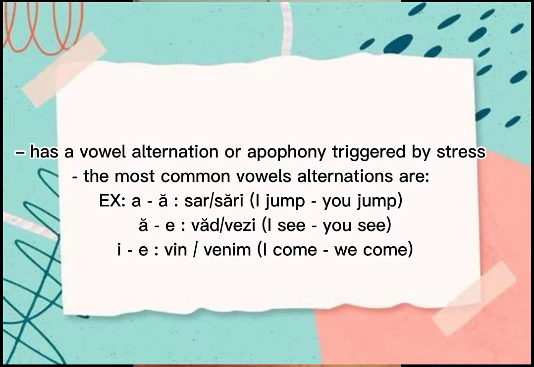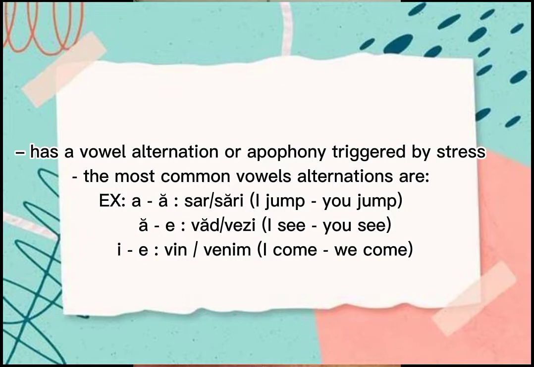The A turns into E. For example, the words in the Romanian language vad and vezi, which means I see, you see. The O turns into OA, turns into U. For example, pot, poate, putem, which means I can, he can, we can.